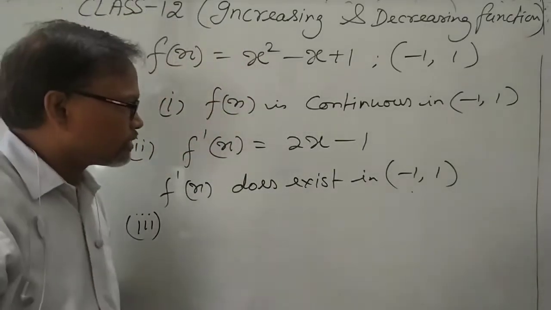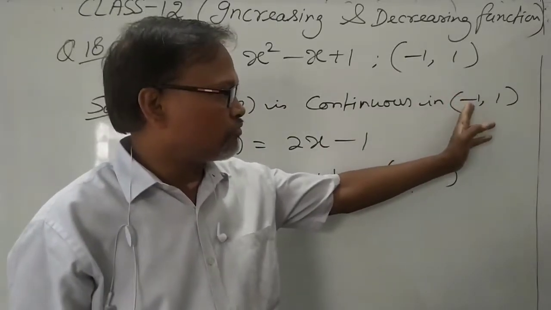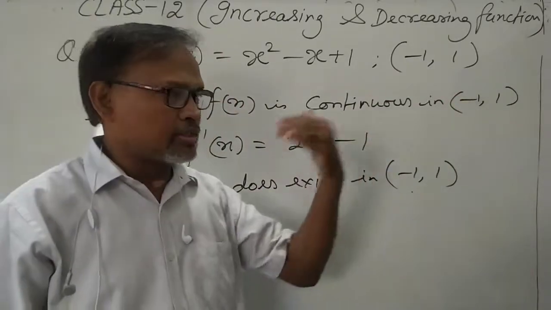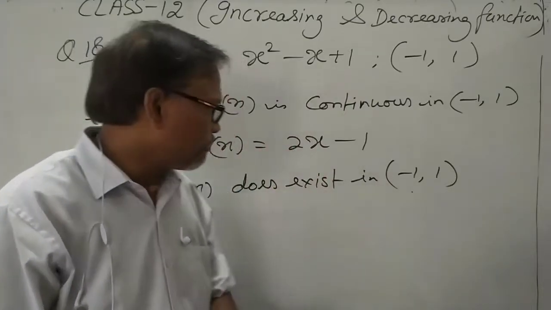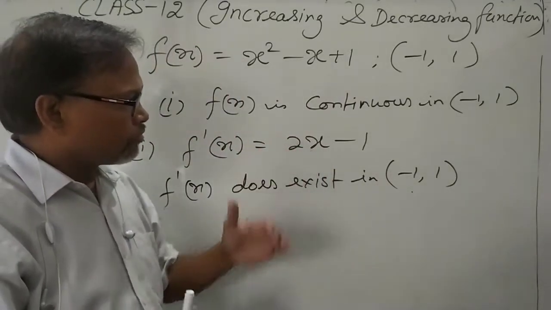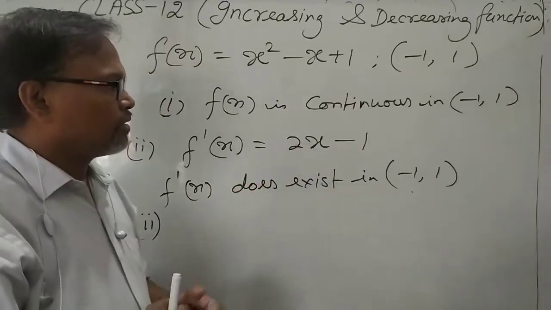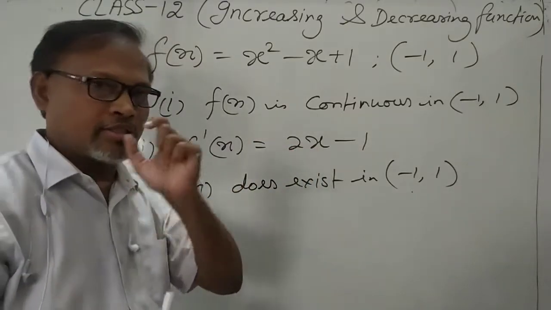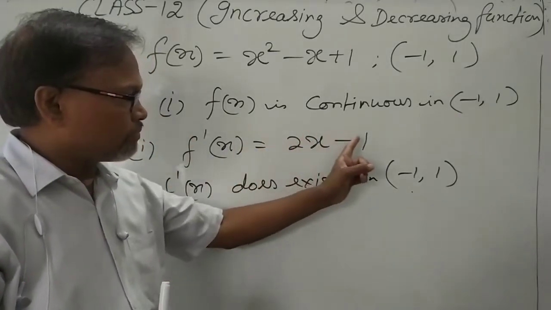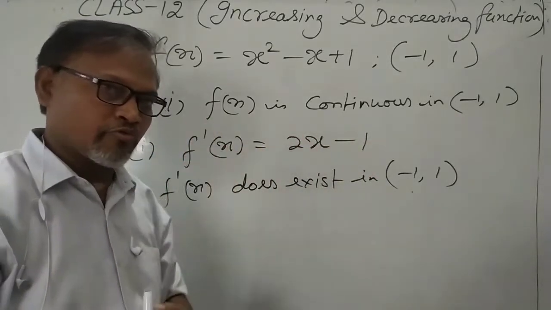So let us check. You cannot put minus 1, but just greater than minus 1, meaning minus 0.9. If we put minus 0.9, what will we get here? Minus 0.9 into 2 is minus 1.8. Minus 1.8 minus 1 is a negative value.